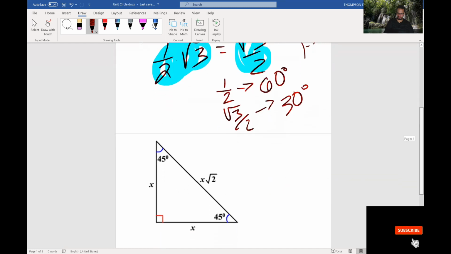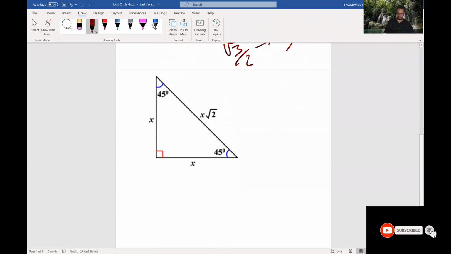Now, for 45, 45, 90, we have x√2. That's also going to be equal to 1, because this is going to be your radius. So we'll set x√2 equal to 1. We'll divide everything by √2.